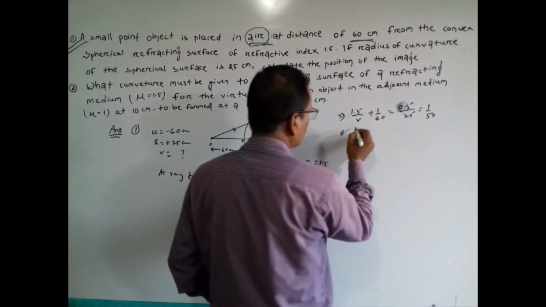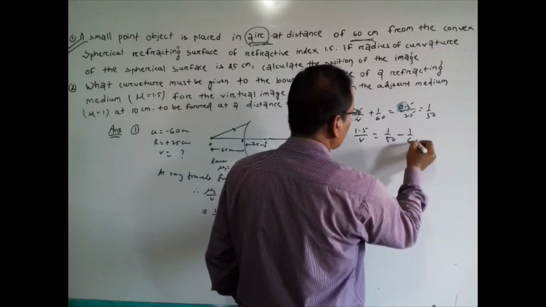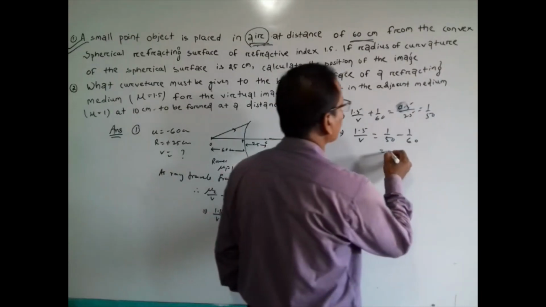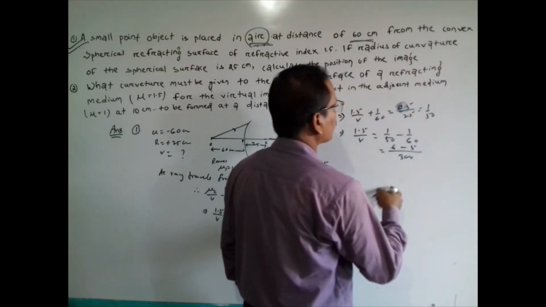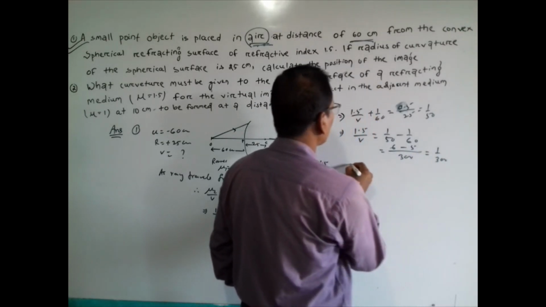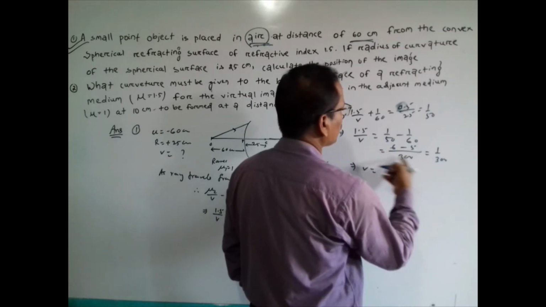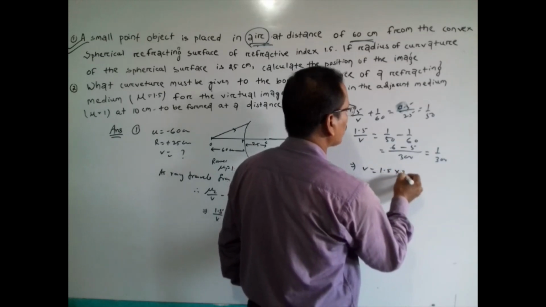So 1.5 by v is equal to 1 by 50 minus 1 by 60. Take the LCM 300: 6 minus 5, that is equal to 1 by 300. So 1.5 by v is 1 by 300.